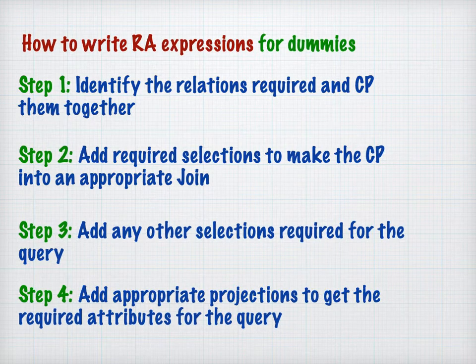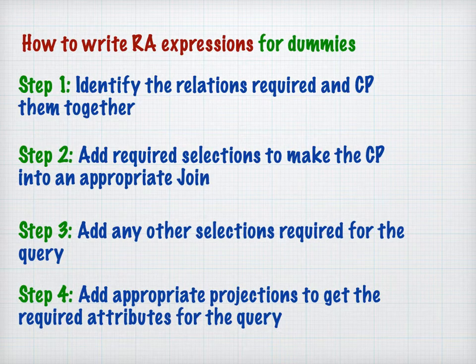Identify the relations, the tables that we need to actually do the work. Add selections in to make sure that our Cartesian product becomes a join. Think about, are there other selections required for this query to be able to do its work? And then, what particular projections, what particular columns are we interested in as opposed to particular rows?